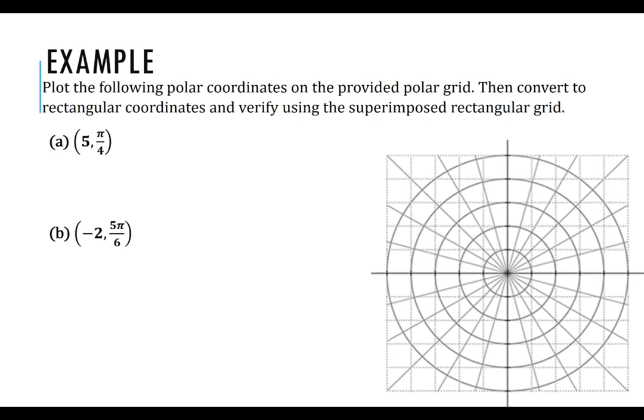If we are given these ordered pairs, r theta, where we have 5 pi fourths, recognize that if I'm going to work on this thing, I'm going to label some of these.